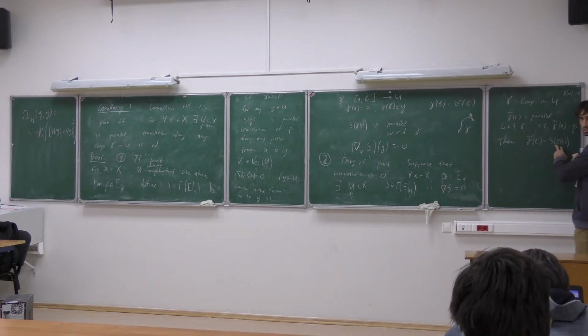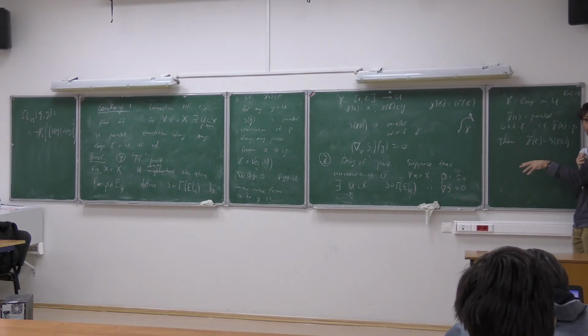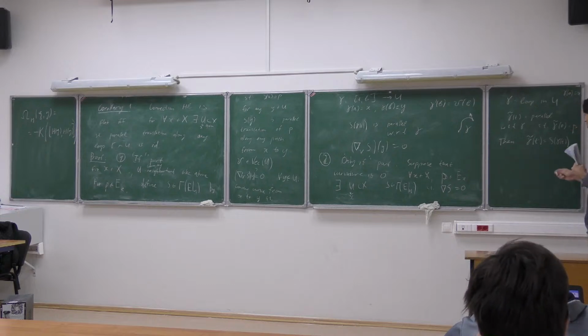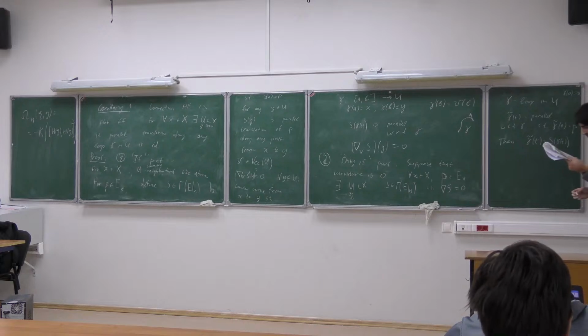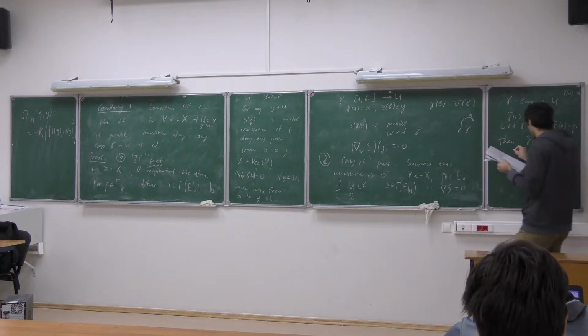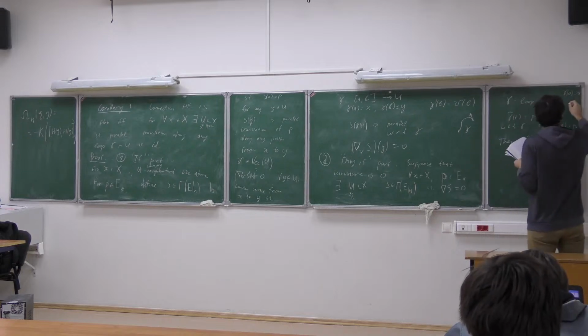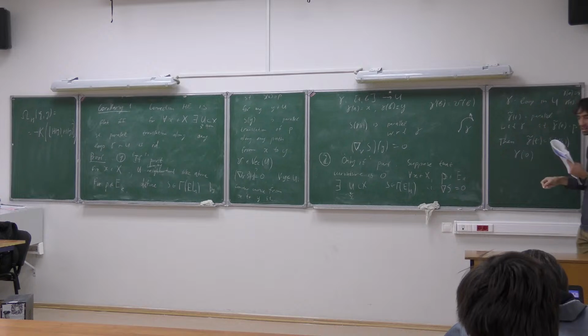If I plug it into this equation, I will get 0, just because S is flat. So gamma of 0 is X, and gamma of 1 is X. So it's a loop.